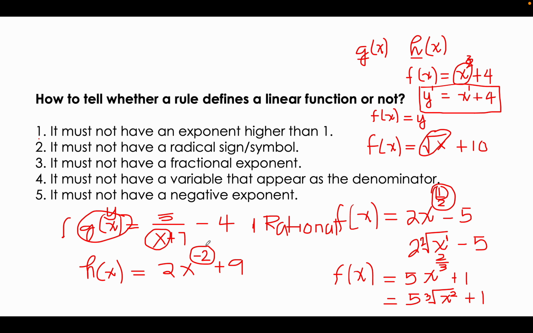So what will happen if one of the terms, particularly the variable, will have a negative exponent? So negative exponent can be written actually as, for example, so recall that this x here has a denominator 1.